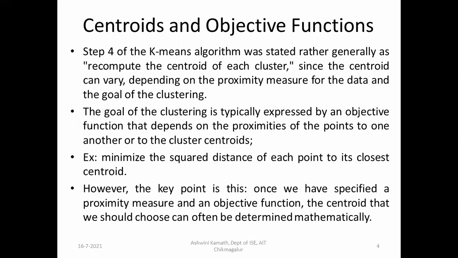So once we know the formula for finding the centroid and which objective function we are going to use for the proximity measure, the centroid we need to choose can be determined mathematically.